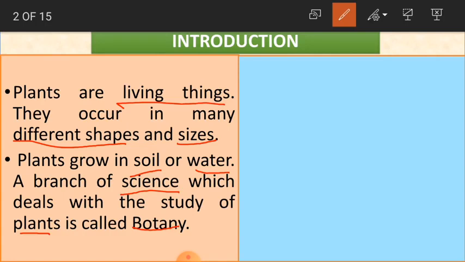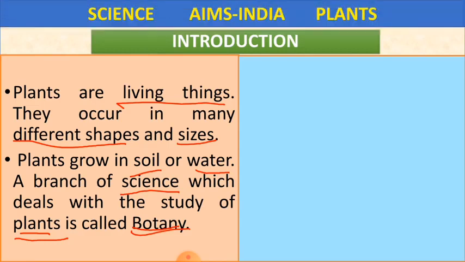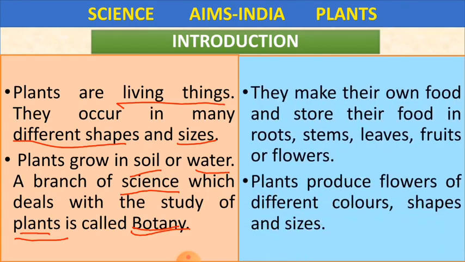In science we may also learn about animals. Yes. So when we learn about plants, this study which is related to plants in science, we call it botany. What do we call this study, children? Yes, we call this botany. And you have so many sections in plants, in science. So one by one we will learn.